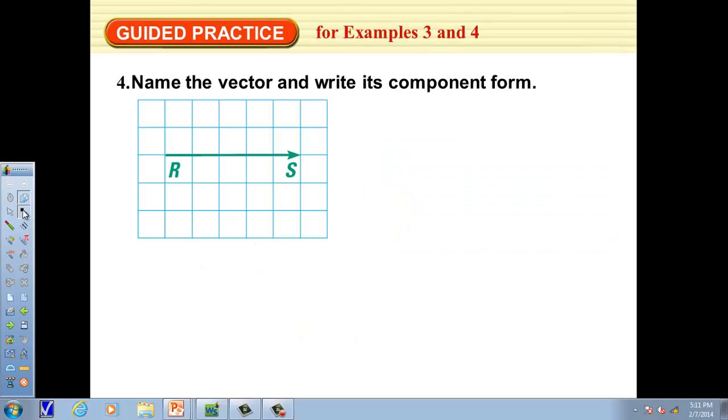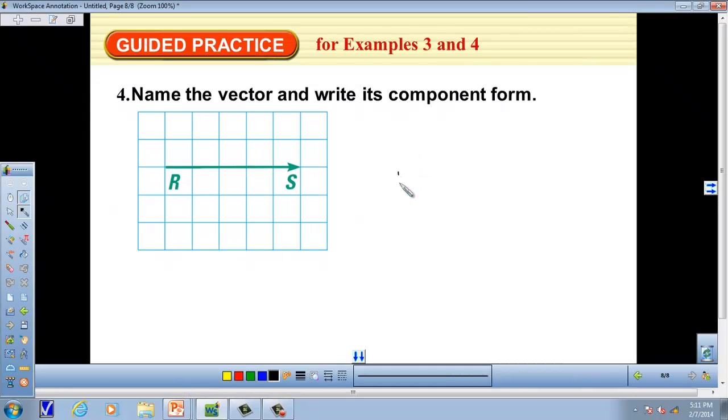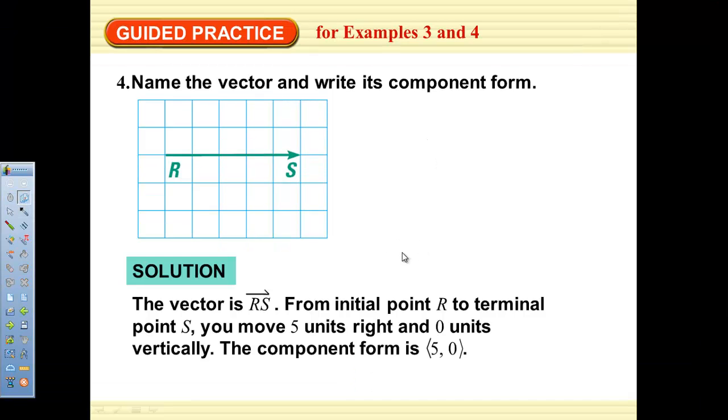So we're going to name the vector again. This is vector RS, and in component form, this would be 1, 2, 3, 4, 5, 5 to the right this time, and 0 up or down. So there's our vector, and there's our component form.